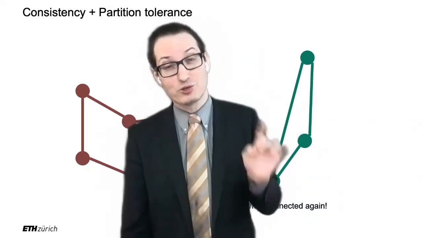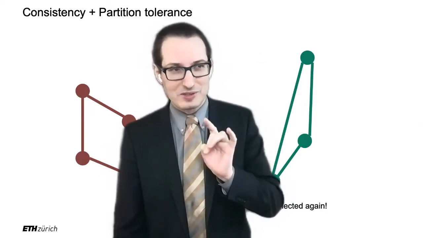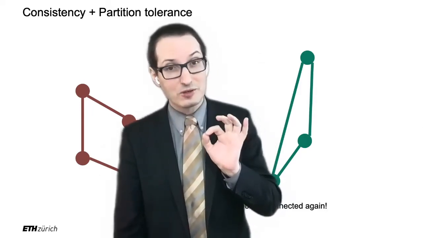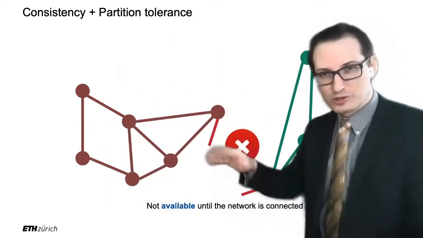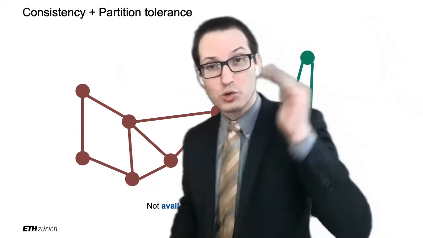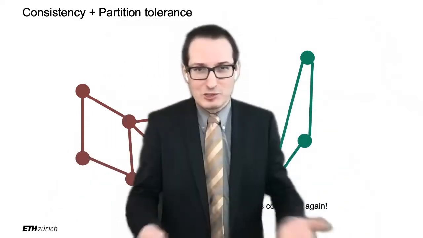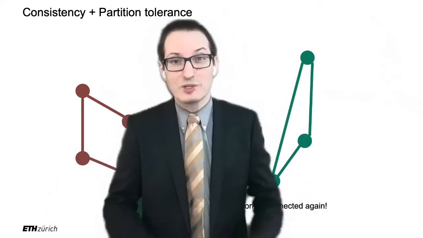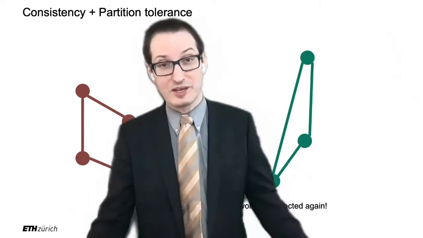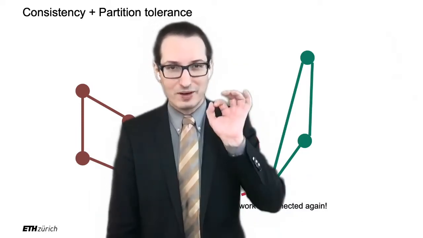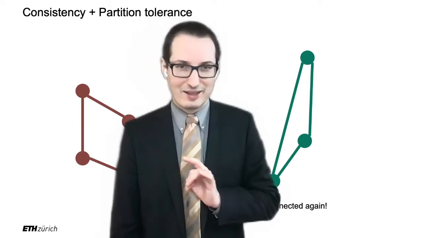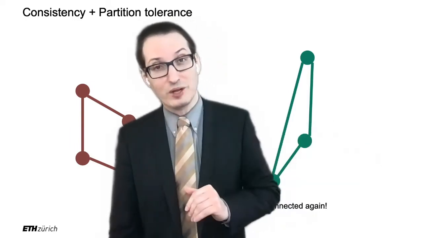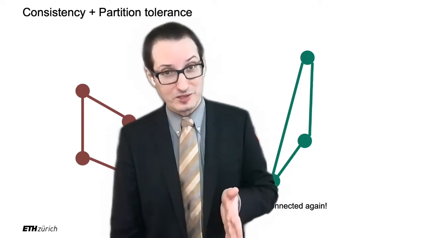What happens is that they consider nowadays that the probability of a partition, because of all the cables connected and so on, is so low that in practice, since you don't care about partition tolerance, it looks as if the system were always consistent and available. However, if a partition happens, then this stops being true, and either it will stop working or it will not be consistent, right?